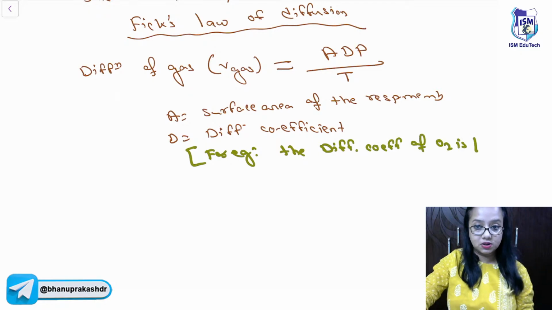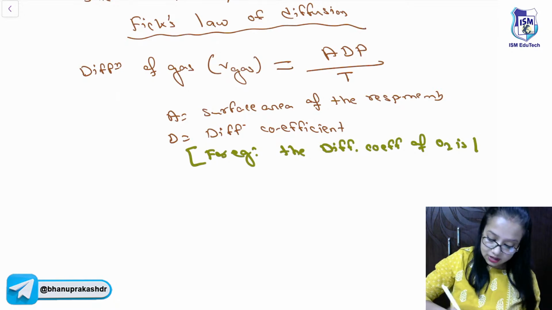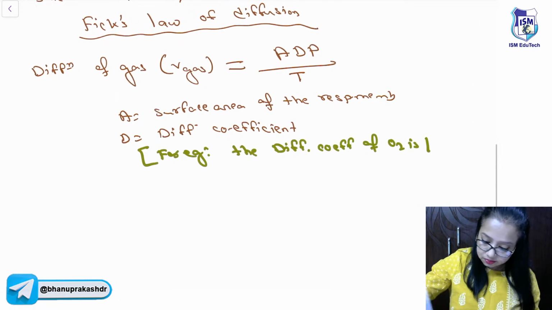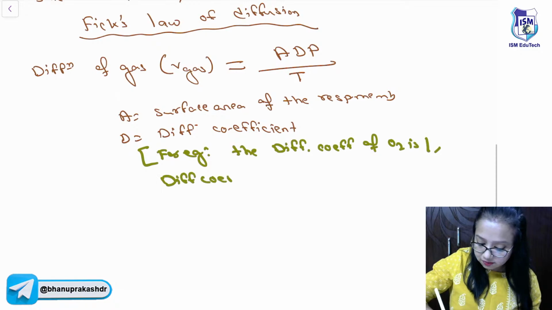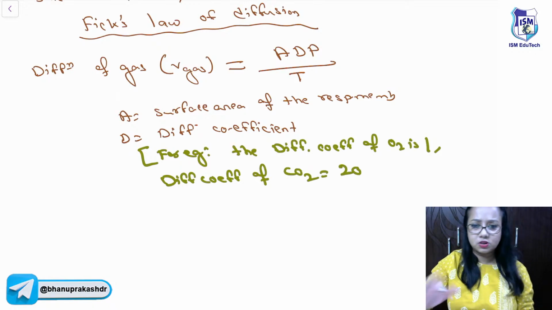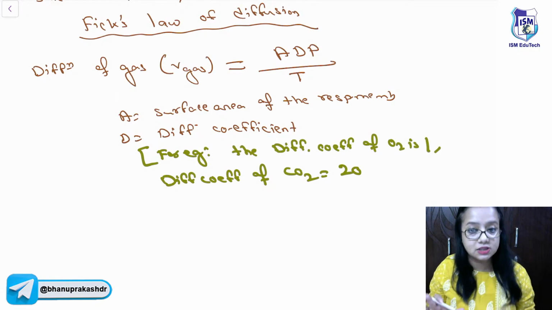It is a calculated, established one. Whereas the diffusion coefficient of carbon dioxide is about 20. It's 20.3 something, roughly we are taking it as 20.